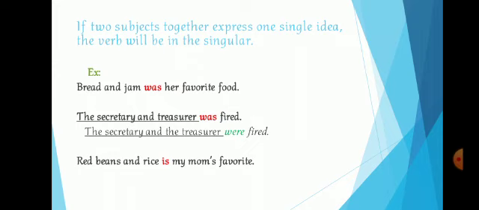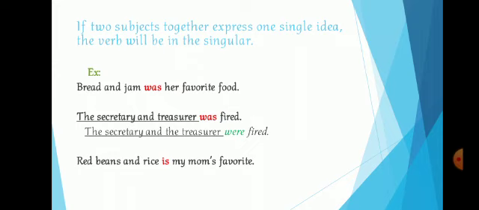So now in this rule, what they're saying is you need to identify which two subjects talk about one idea, which gives one meaning. Now see the first one, bread and jam. You can identify that easily if there is no the, right? The word the won't be there.